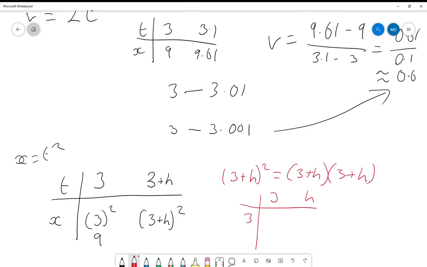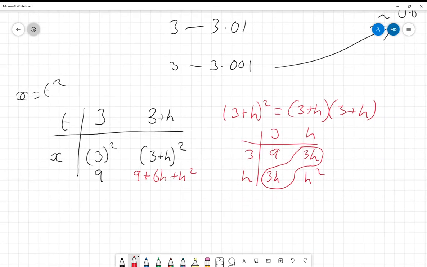And we're going to end up with 3 times 3 is 9, 3 times h is 3h, 3 times h is 3h, and then h times h is h squared. So we can answer this as 9 plus 6 lots of h plus h squared.